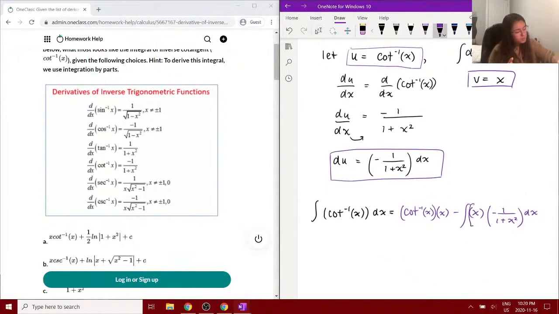And remember, you're taking the integral of this entire term.